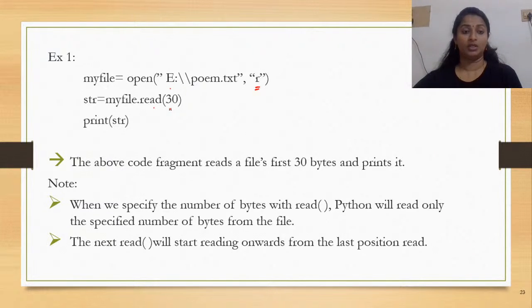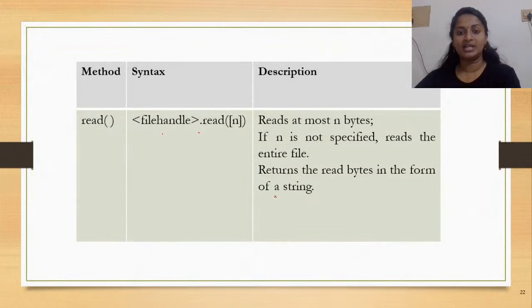But if you do not use the numerical value, what happens? The entire file would be read. Whatever you're reading is actually returned as a string. We had already seen that it would return the read bytes in the form of a string.